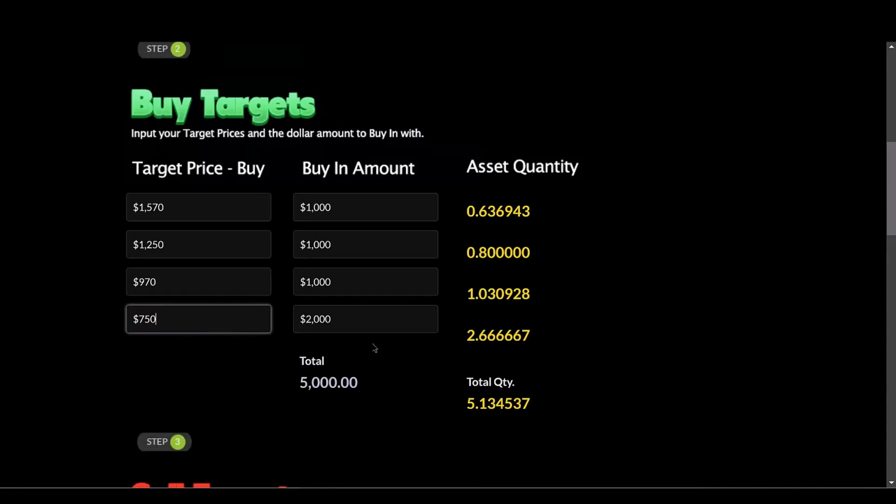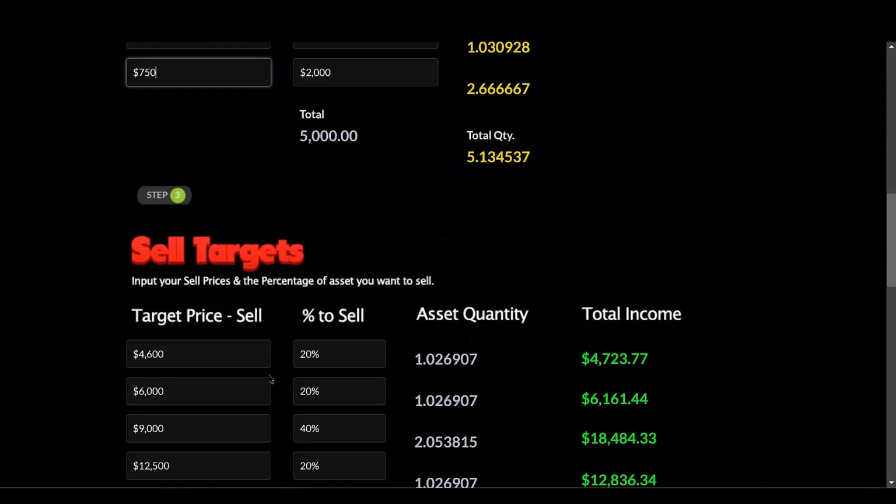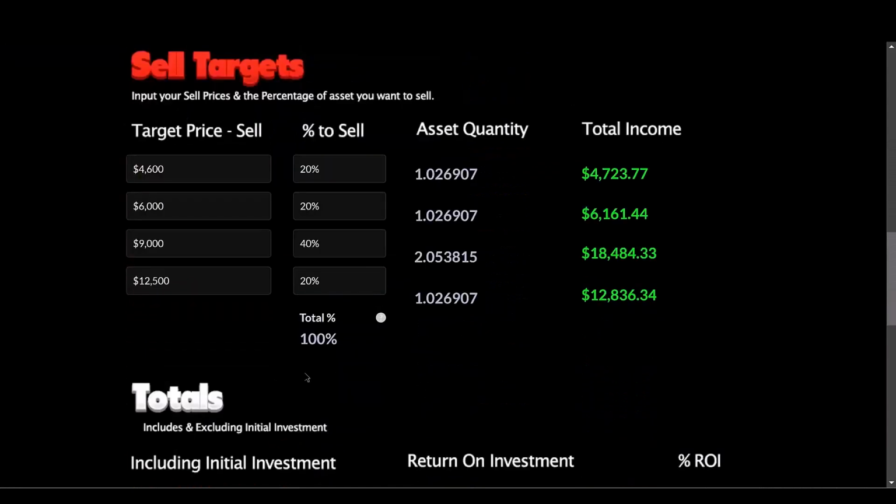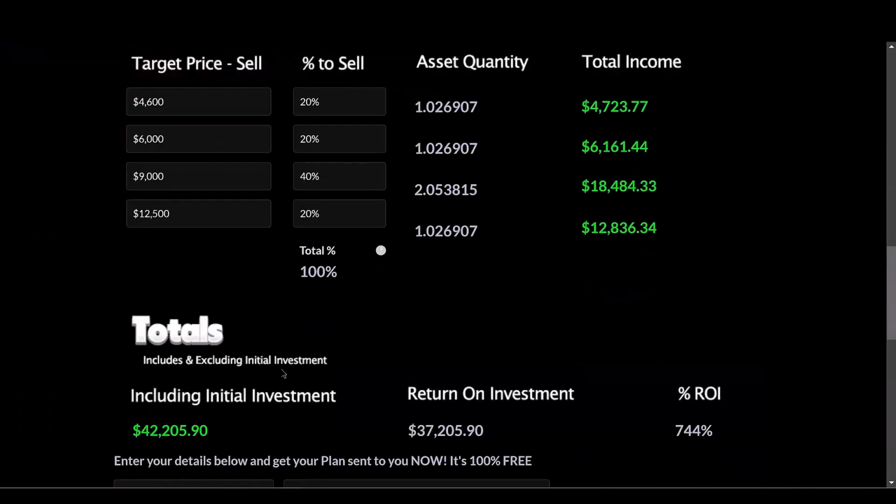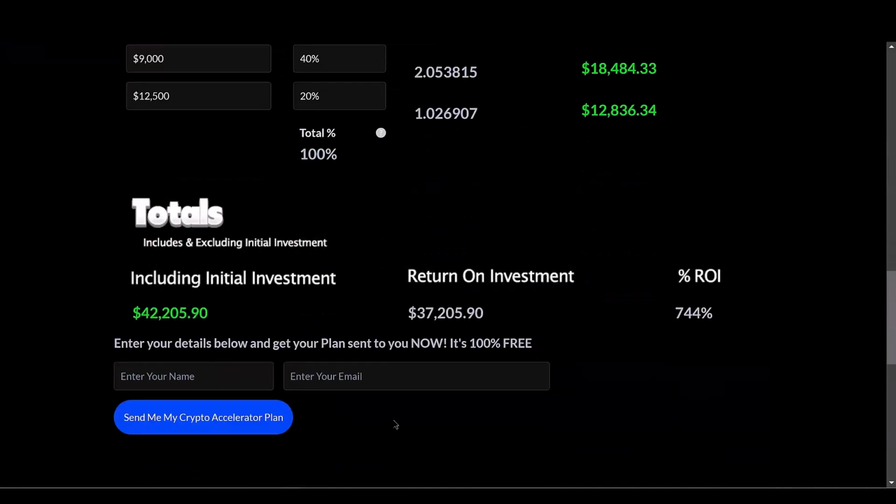We've left our buy-in amount of $5,000 the same, and we've left the buy-in time schedule the same as well. We've left our sell targets the same, and we've left our percentages the same. But when you're prepared and you know where you're going to buy, especially at the lows or near the lows, it does make a big difference in the return on investment. Initially we were at 6,000, where you're buying right now and trying to sell at the high points.